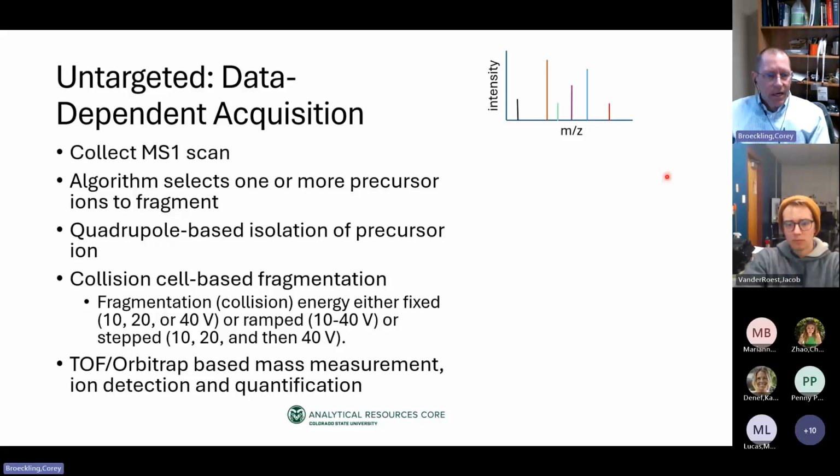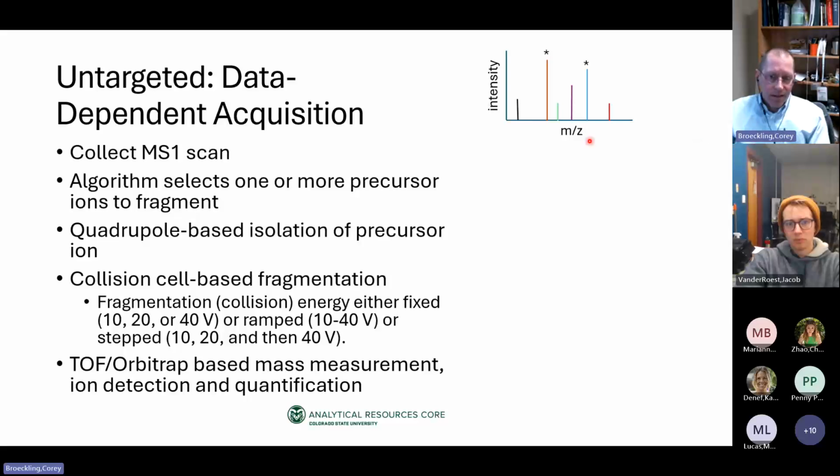So what DDA does is then select one or more of those precursor ions to fragment. In this case, it will select 2. We've told it to select the top 2, so it selects the brown one, which is the most intense, and this blue one, which is the second most intense.